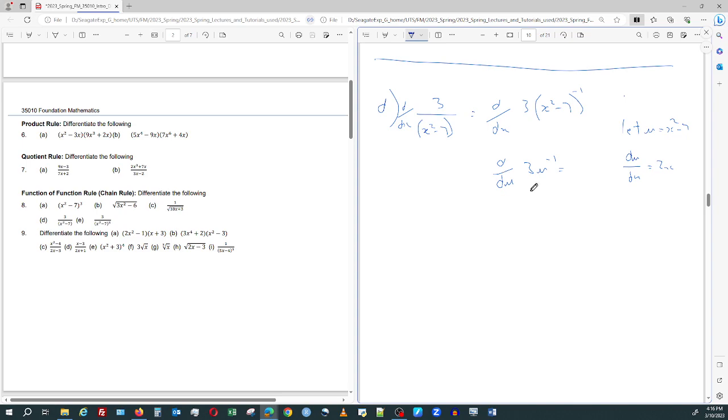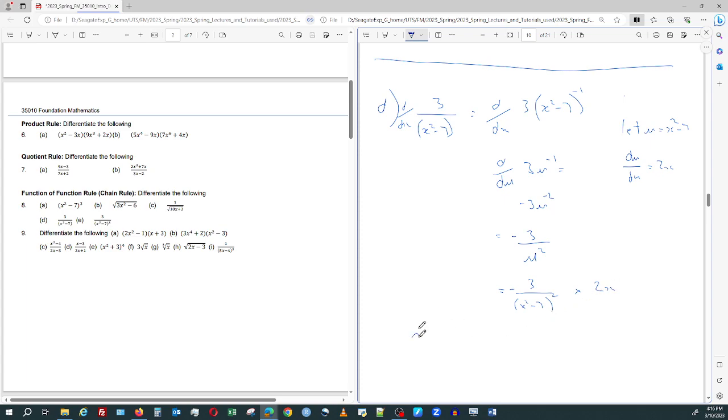Okay, so that's going to become minus 3u to the minus 1 minus 2, which is going to be equal to minus 3 over u squared, which is minus 3 over x squared minus 7, squared. And then finally, we've got to bring in the chain rule.